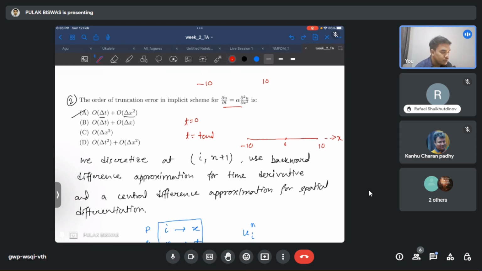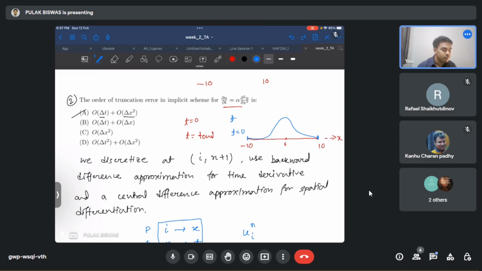It may happen that your initial condition for the u may be some Gaussian function, suppose. So this is for particular time t equal to 0. This is your initial condition, and there may also be boundary conditions at these two ends. Suppose they are 0 for this case. Now you want to solve what will happen at some other time, maybe t equal to t1.